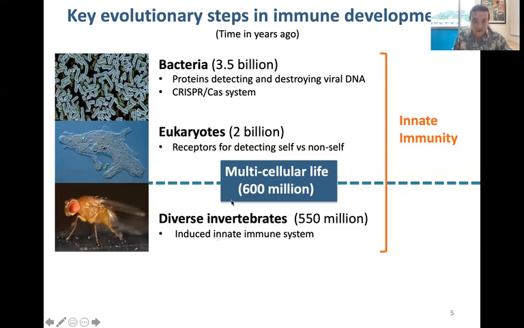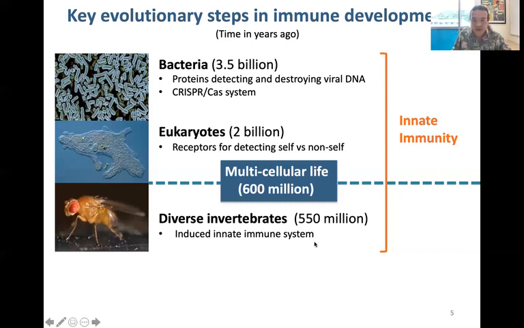So multicellular life, about 600 million years ago, you started getting diverse invertebrates, right? So insects like this fly here. And this is when, because you now have not just one cell, right, but potentially hundreds of thousands, if not more cells, suddenly you realize you have to now have a system, right, of cells patrolling other cells and cells being able to call for backup, right?